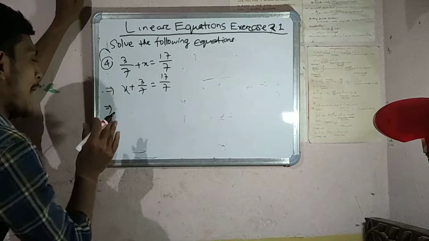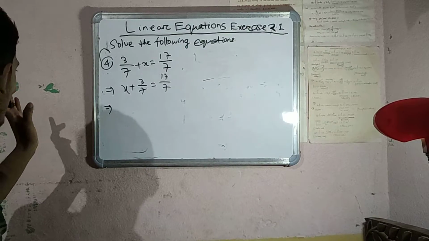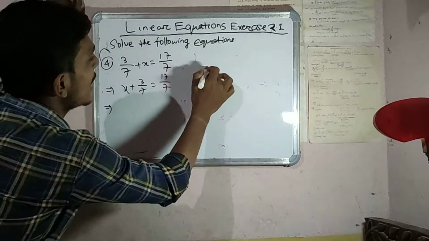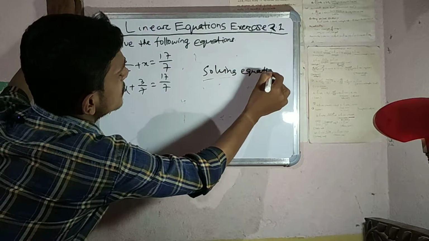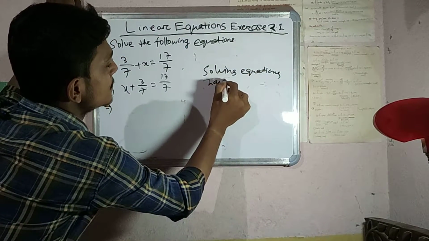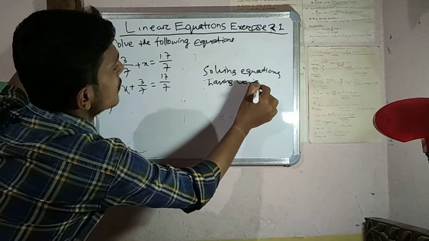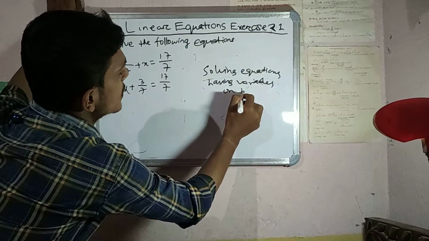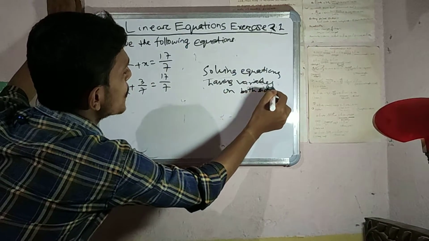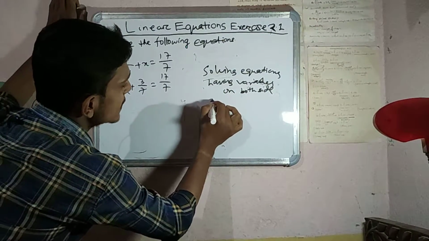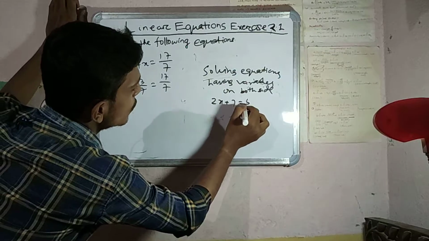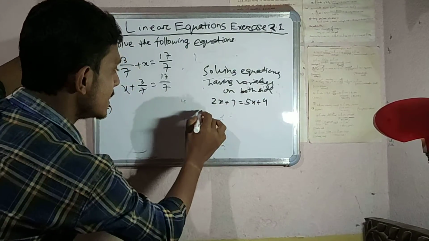So by the method of solving equations having variables on both sides, this process is also applied here. How? See, 2x plus 7 is equal to 5x plus 9.